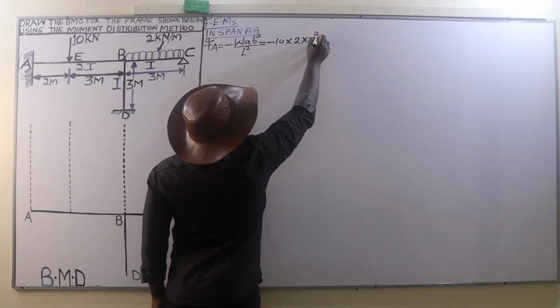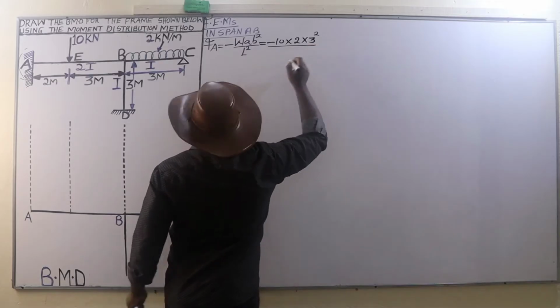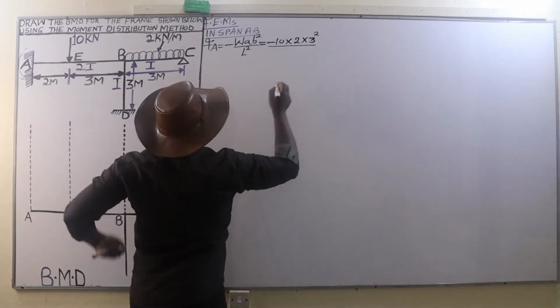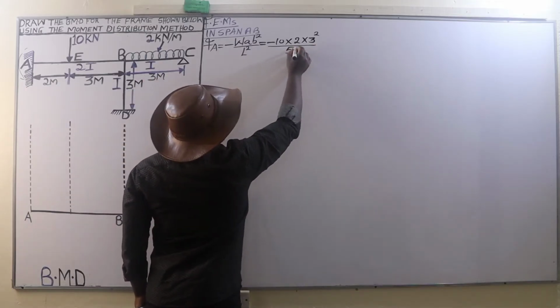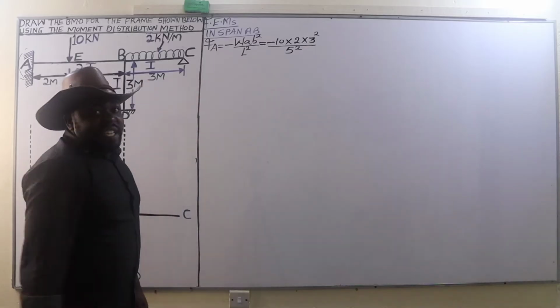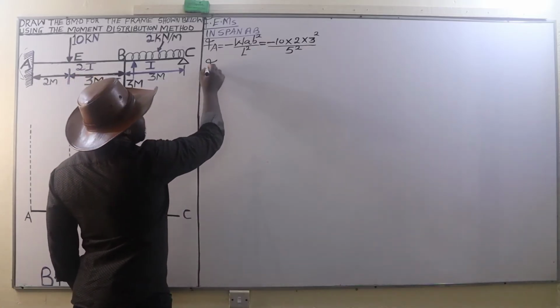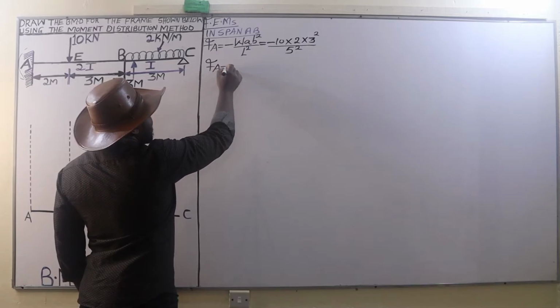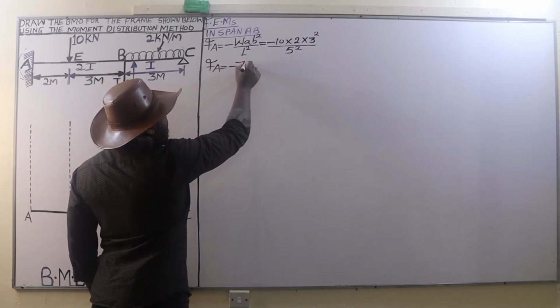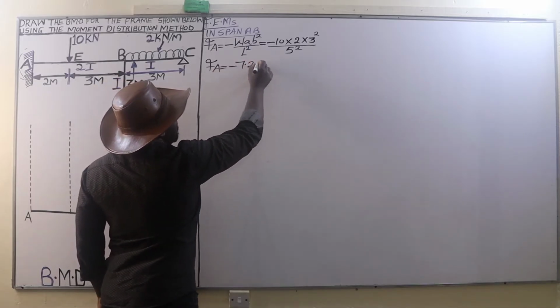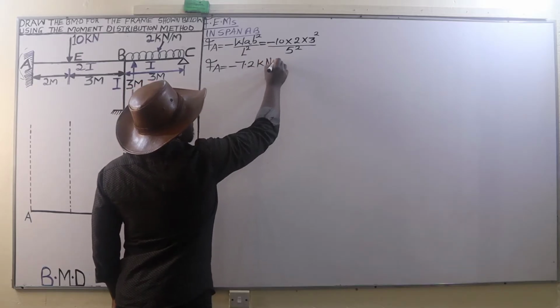We got that squared, then we divide by the whole span, A to B, that is 5 meters, and we square it. So that is going to give us a fixed end moment at A of negative 7.2 kilonewton meters.